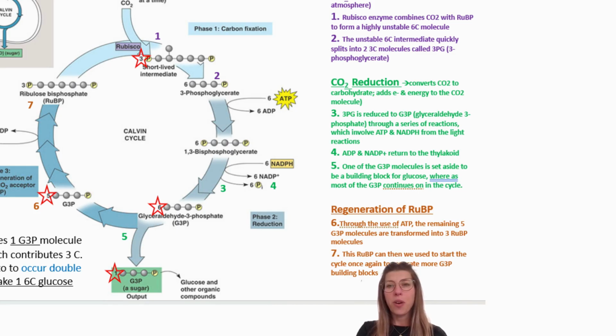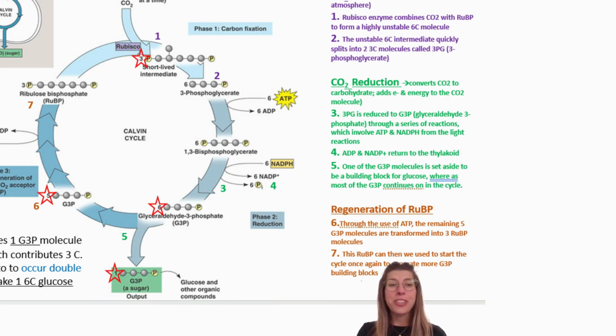And once that 3PG is reduced, that leaves ADP and NADP plus, those lower energy molecules, to return back to the thylakoid. Because remember, these are required to then be reduced through the light reactions, and then they come back in to the Calvin cycle since the cycle is continuously going.